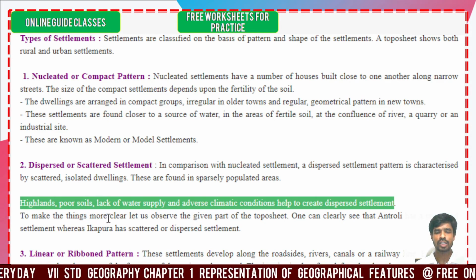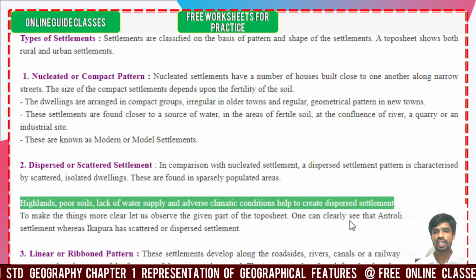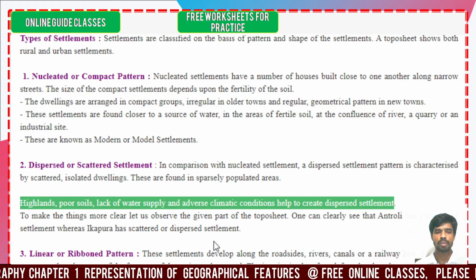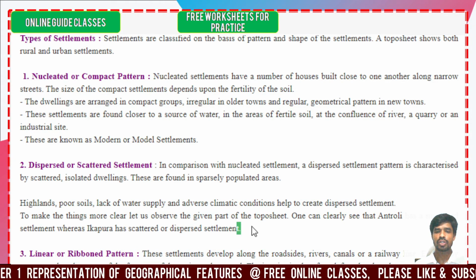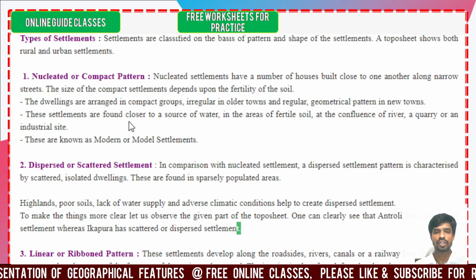To make things more clear, let us observe the given part of the topo sheet. One can clearly see that Antroli has a nucleated settlement, whereas Ikapura has a scattered or dispersed settlement. Please follow the topographical map which is given in the textbook.